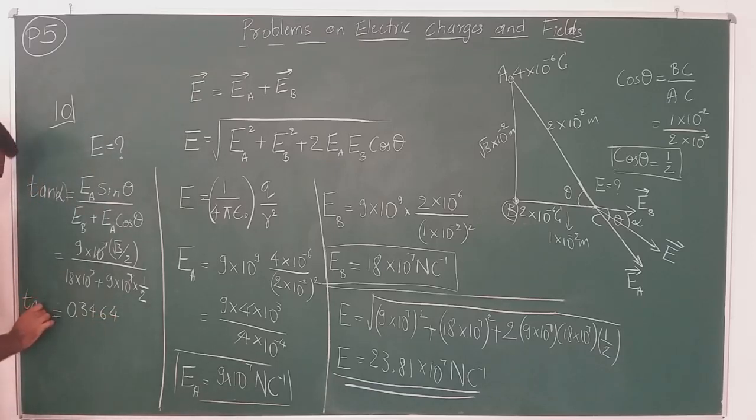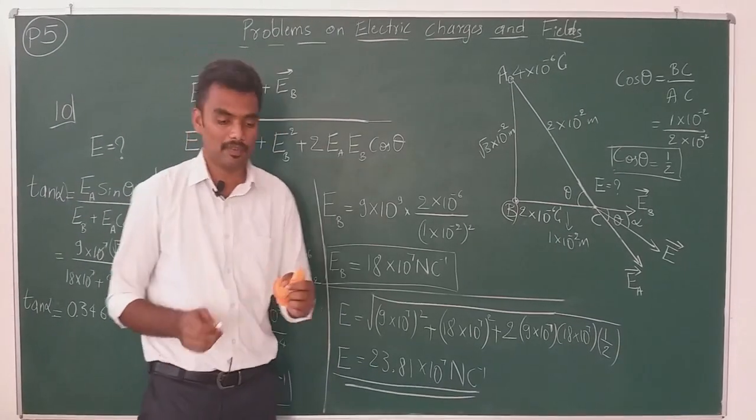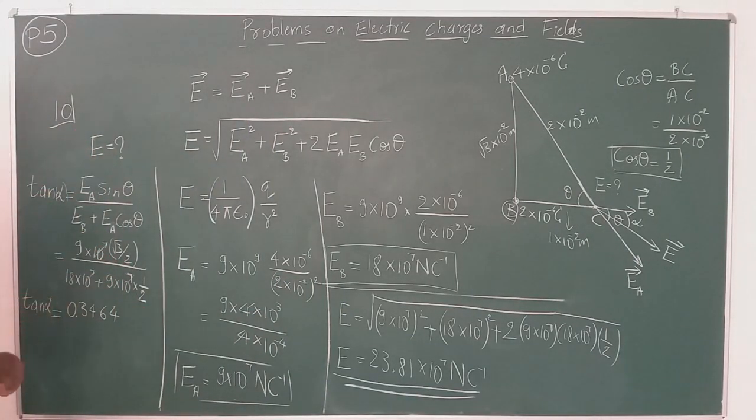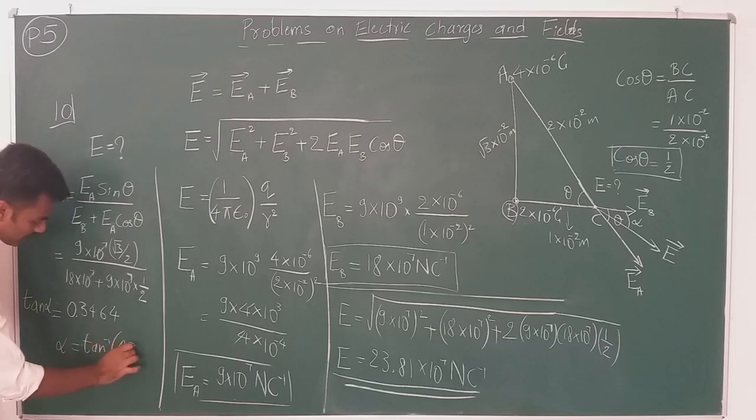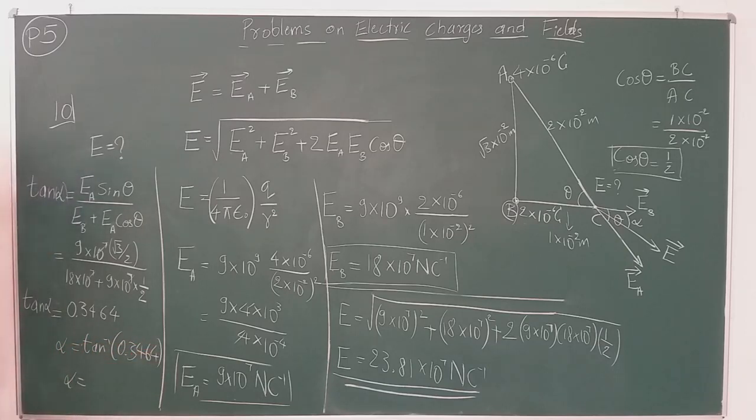And again, make use of Clark's table and find the value of alpha. Go to the tan values, there you search for 0.3464. So, for tan alpha equal to 0.3464, alpha is equal to tan inverse of 0.3464, which is alpha equal to 19 degree 6 minutes.